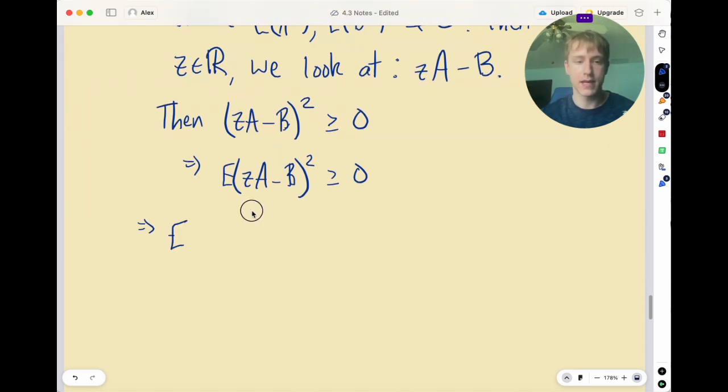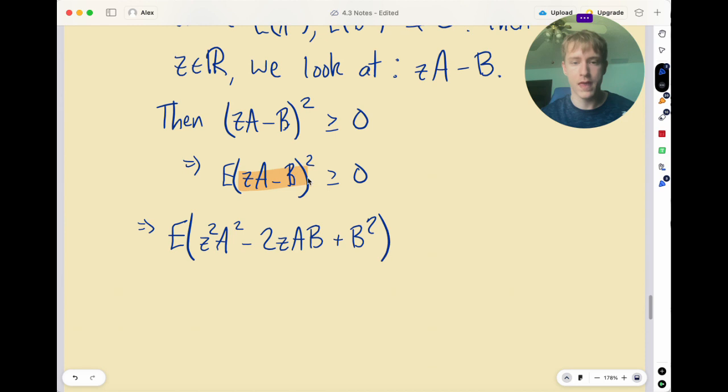And then we can go ahead and FOIL this out. So we have the expectation value of, and we're going to work with the stuff inside now, and that's going to get us z squared a squared minus 2 times the product of this and this, so 2 times zab, plus b squared has to be non-negative.